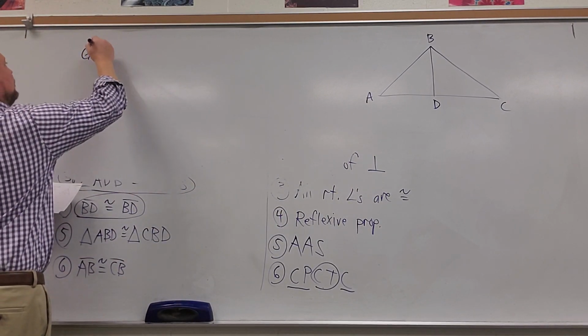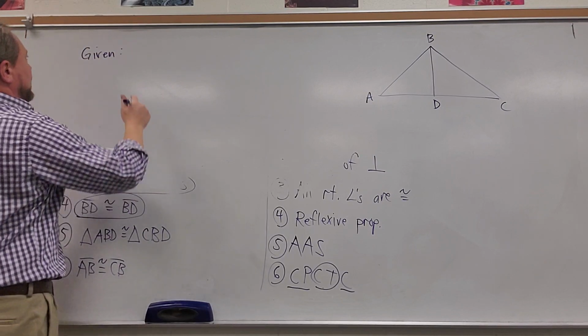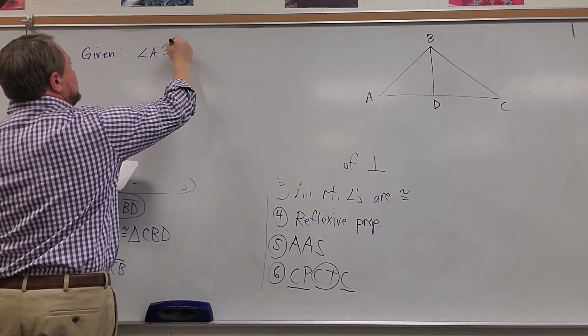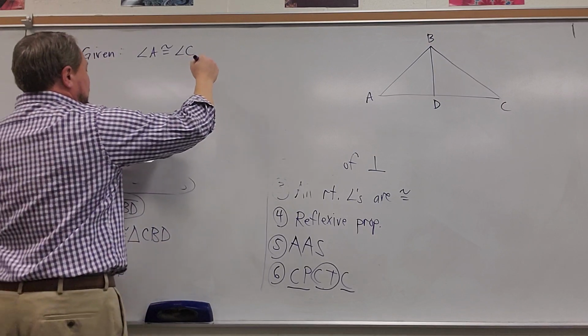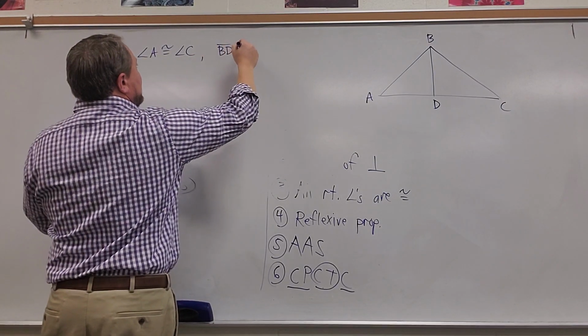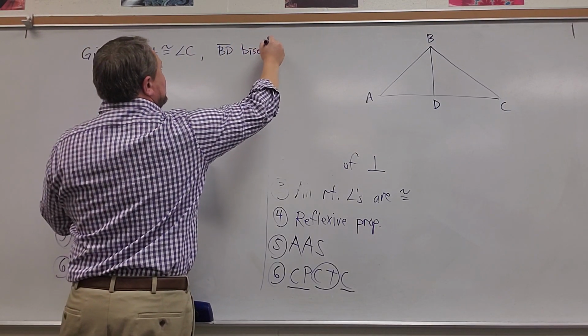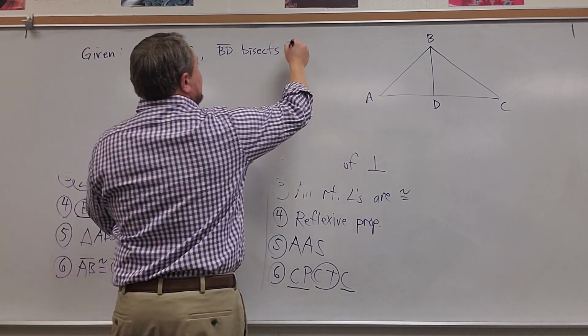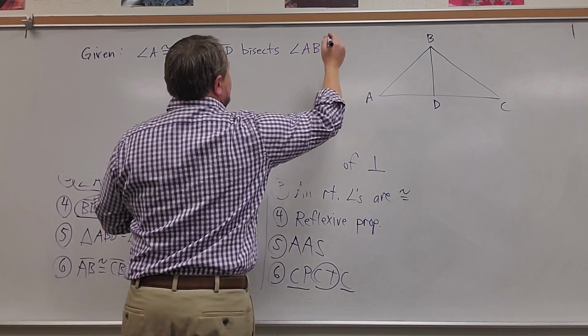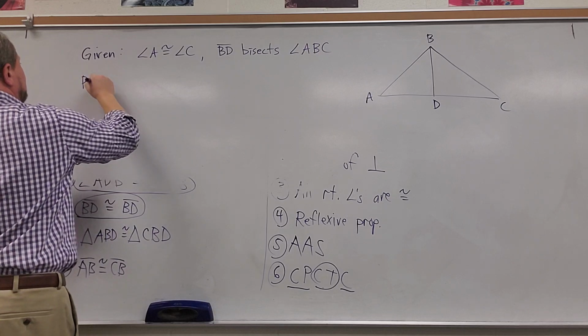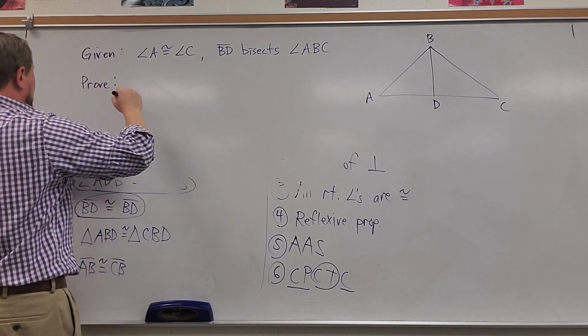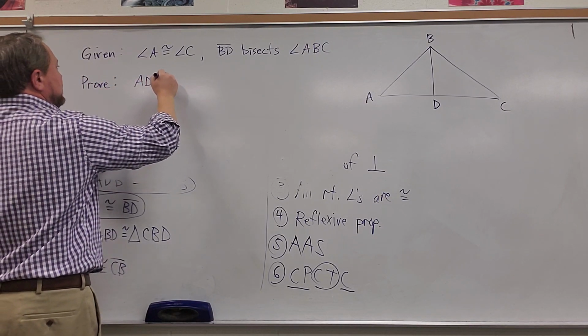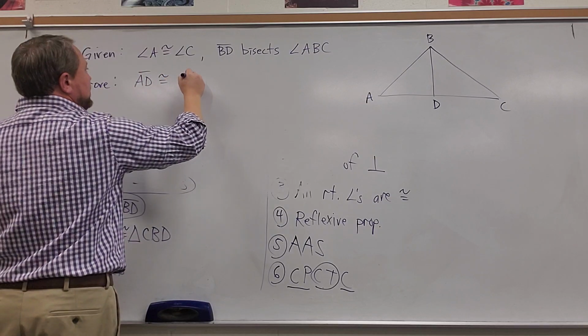On this one, I'm going to give you that angle A is congruent to angle C, and that segment BD bisects angle ABC. And we're going to prove then that AD is congruent to CD.